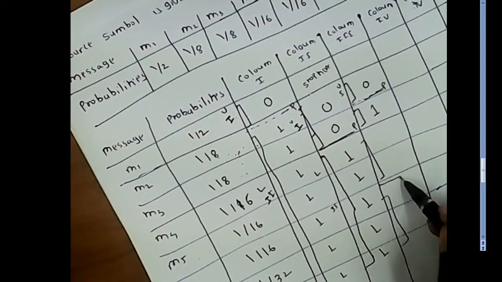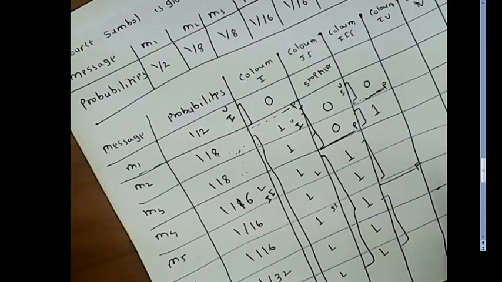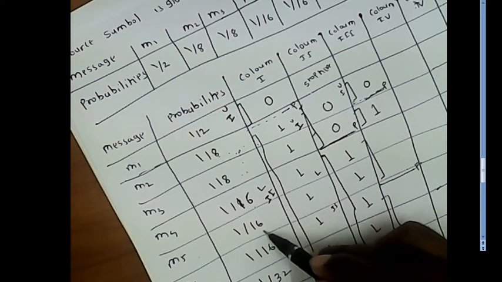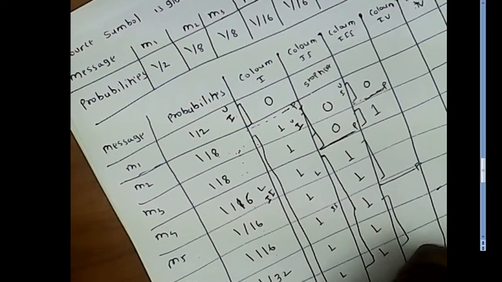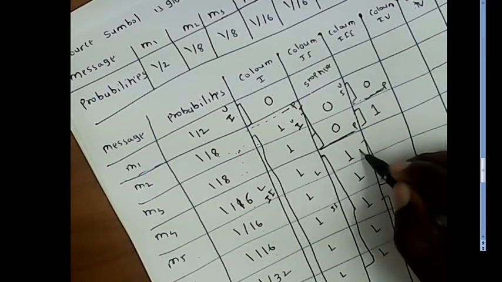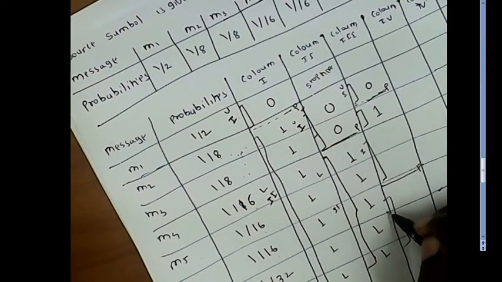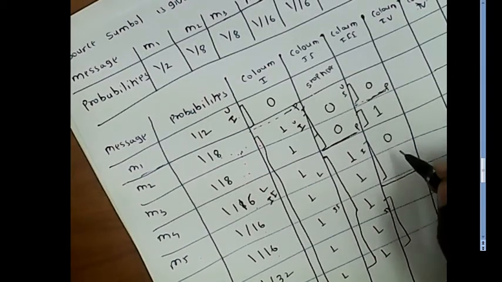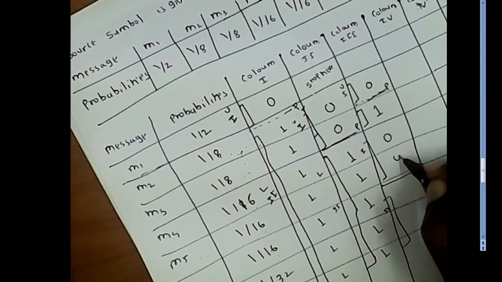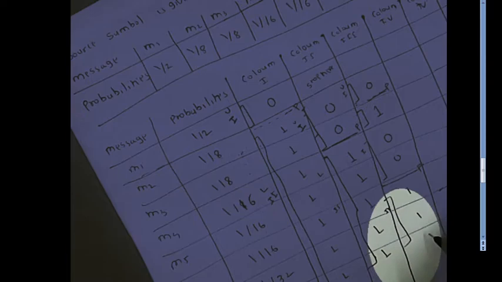So we can take a partition here. If we calculate the probabilities, M4 and M5 are equal to M6 to M8. This is the upper set and this is the lower set, so we assign code 0 to each message in the upper set and 1 to the lower set.